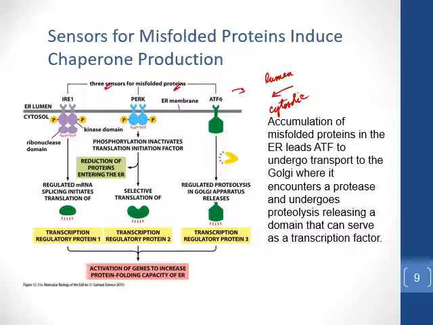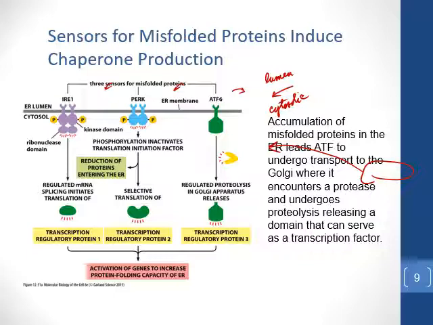Once it gets to the Golgi apparatus, it's going to encounter a protease. So here's your protease. That protease is going to clip ATF6 in the Golgi apparatus.